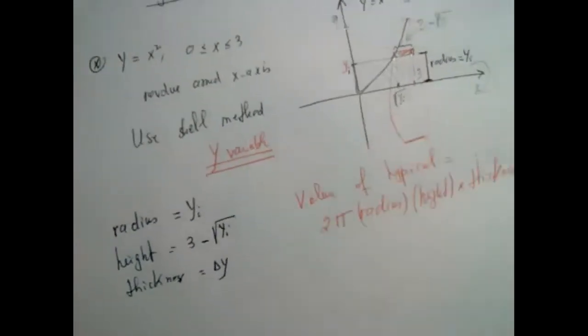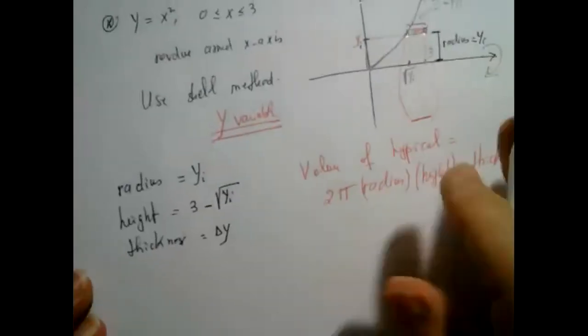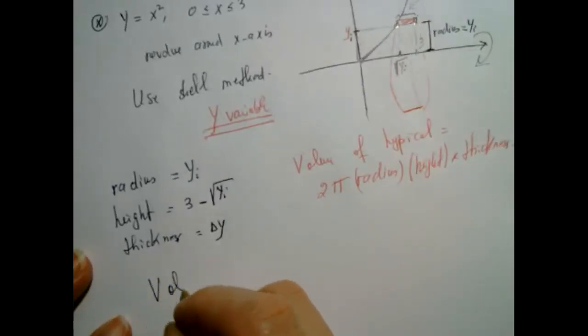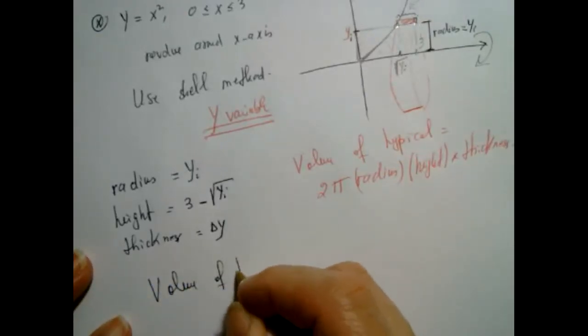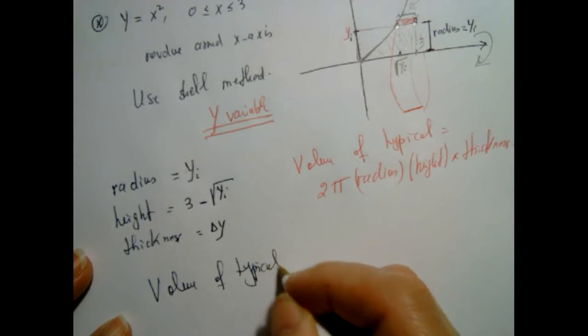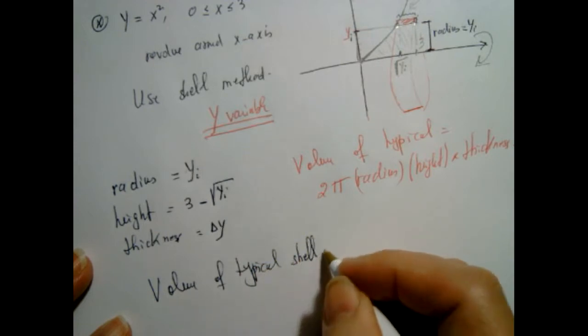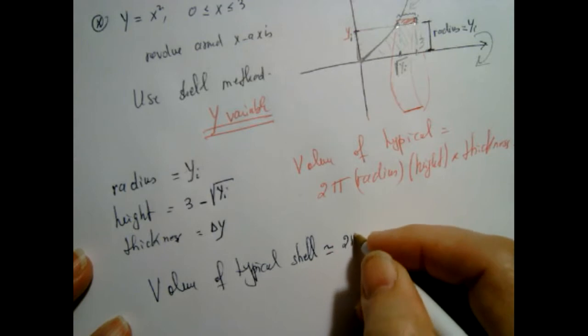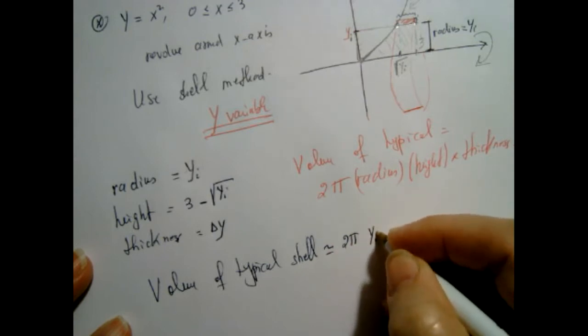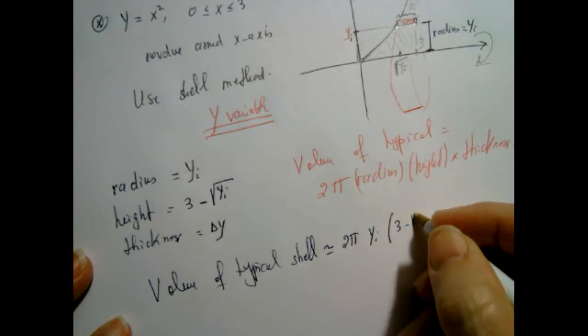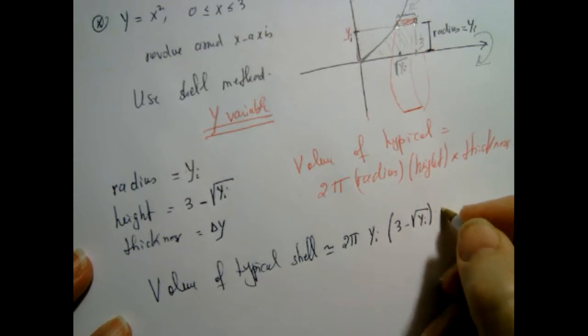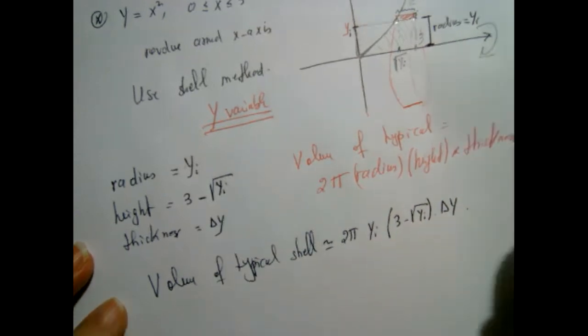So now the volume of a typical shell. So this is every aspect. The volume of a typical shell is almost equal to pi times the radius times the height times the thickness.